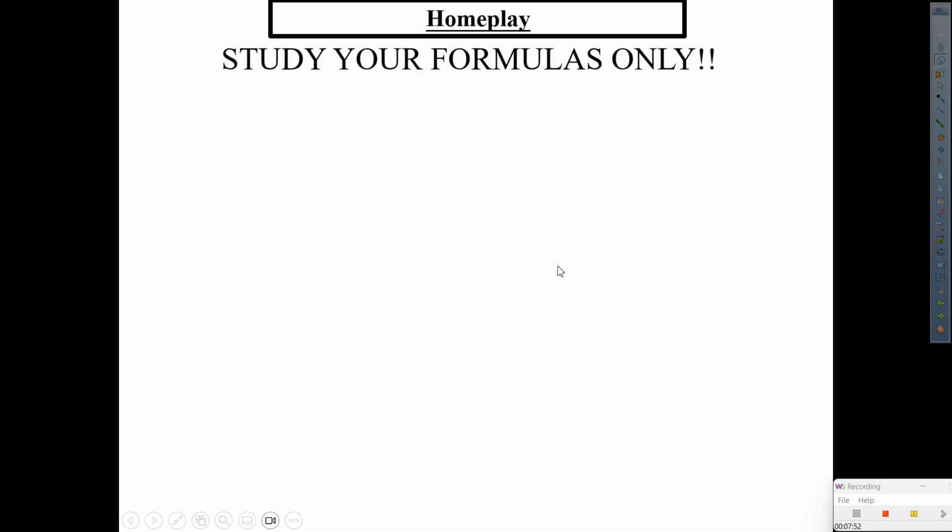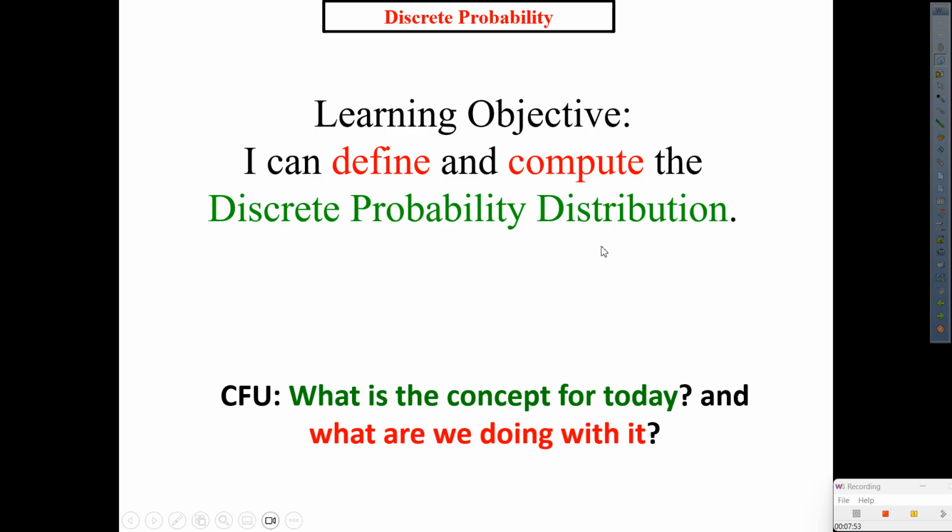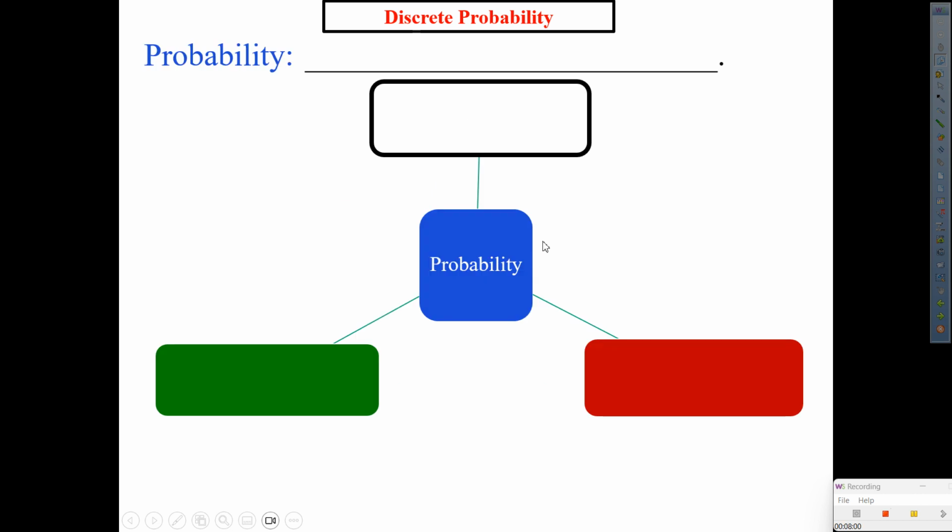Yeah. All right, so we're in the middle of discrete probability. Don't get a Cornell note. You'll see why in a minute. However, remind your neighbor of the 3 different probabilities we've been talking about. What different probabilities have we been talking about?